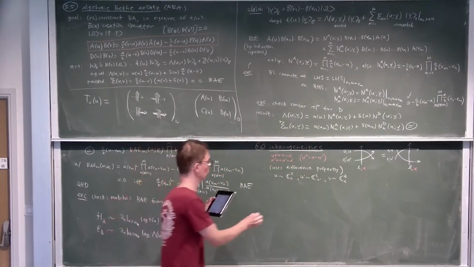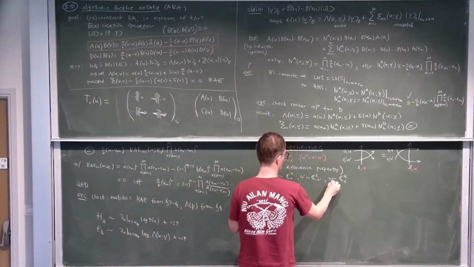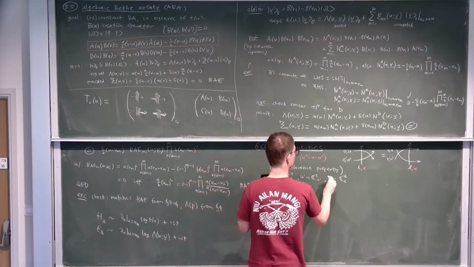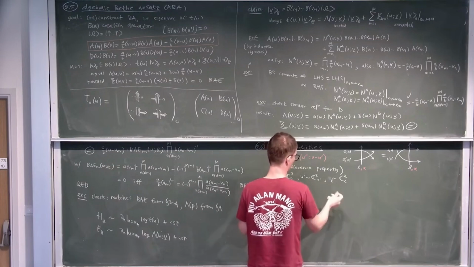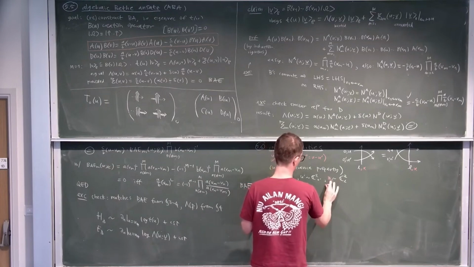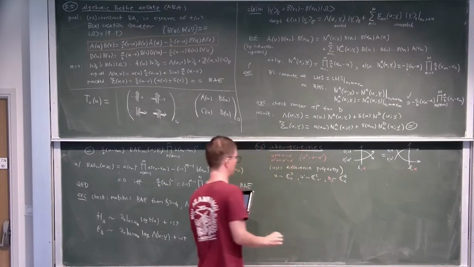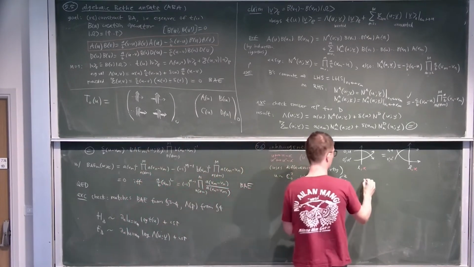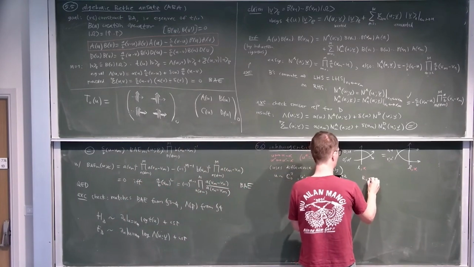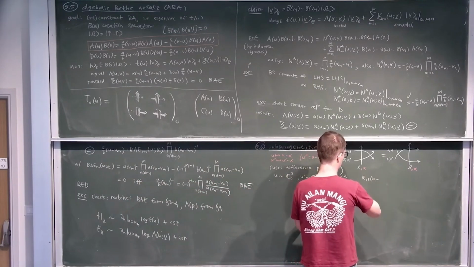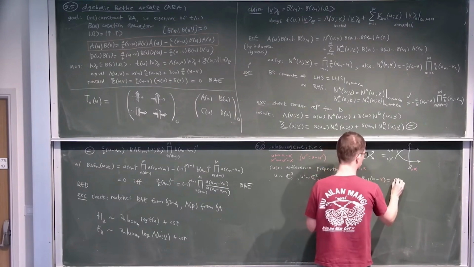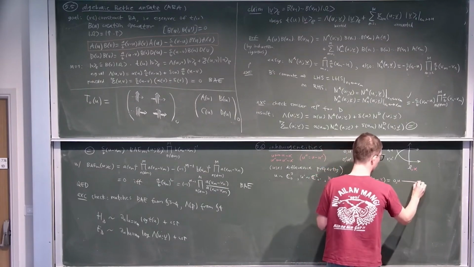So maybe we should call it XL, if we will have more of them. Graphically, what I'm now doing is the following. I'm saying that R of 0 L at u minus x, or XL, let me just write x for now, corresponds to the crossing 0, u, L, x.